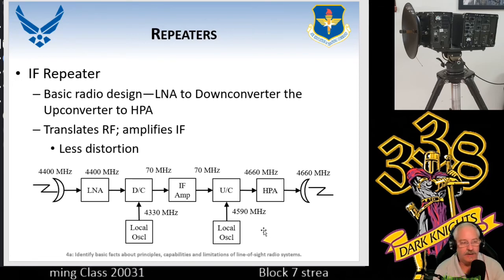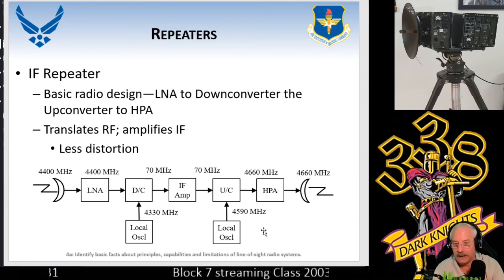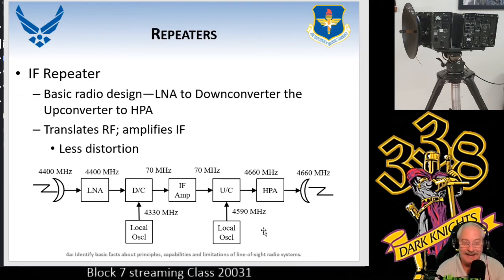So if I'm receiving 440 megahertz, what you told that receiver, that's the oscillator that's going to generate that to break it down into 70 megahertz. Once you've done the transmit side, it's also going to change that oscillator to whatever the frequency it needs to convert it to the 4660.